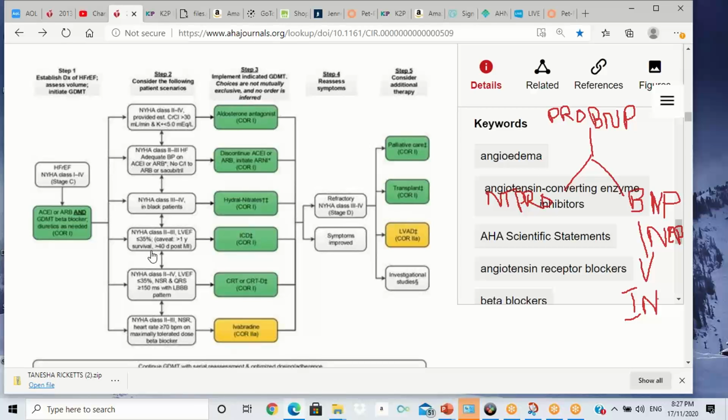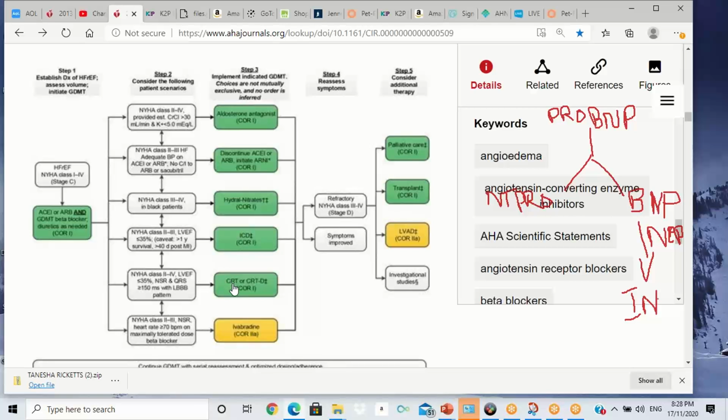If it's post a heart attack, it should be 40 days after the heart attack, then they get an ICD. You don't want to put it in too soon. You have to give the heart time to remodel. That ejection fraction may remodel and get back to 50%, so they don't need the ICD. Okay? Remember 35%, that's equal to 35%. They have to live for more than a year.